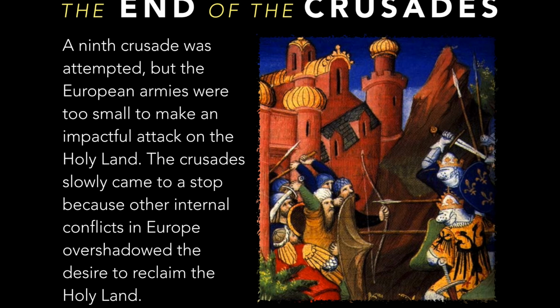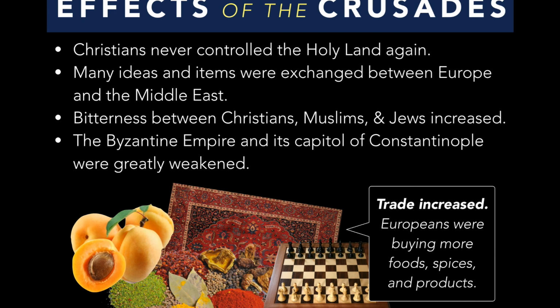Now, when we look at the effects of the Crusades, there's a lot more than just simply land being won and land being lost. In fact, throughout the Crusades and fighting, a lot of cultural diffusion occurred. A lot of culture was exchanged, whether it be ideas or products.